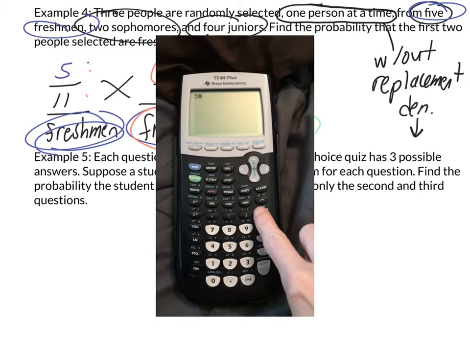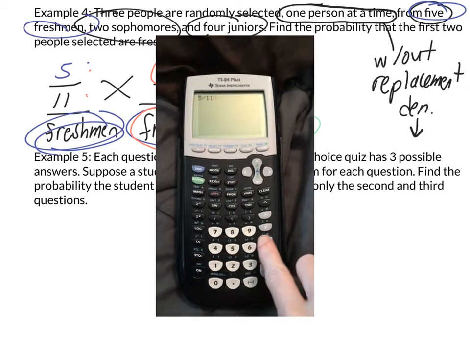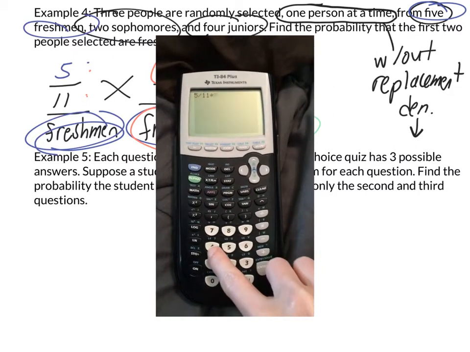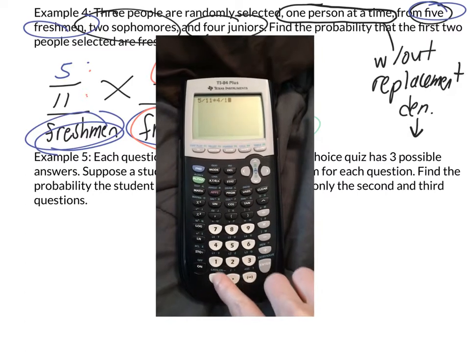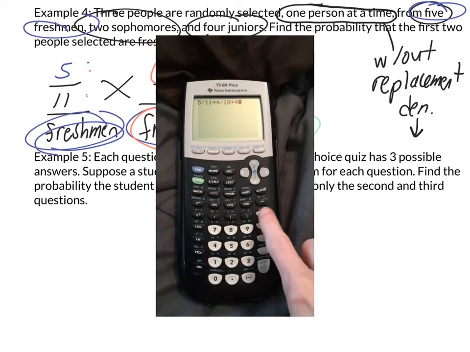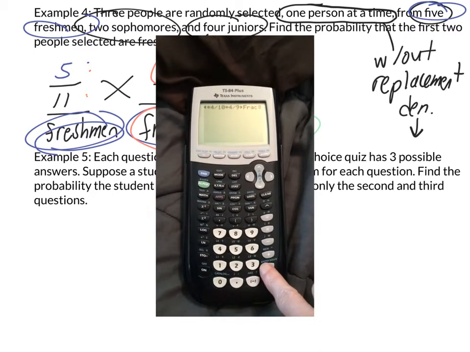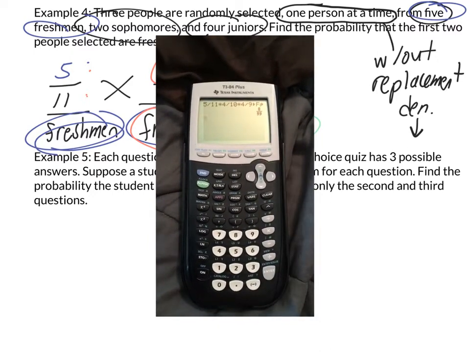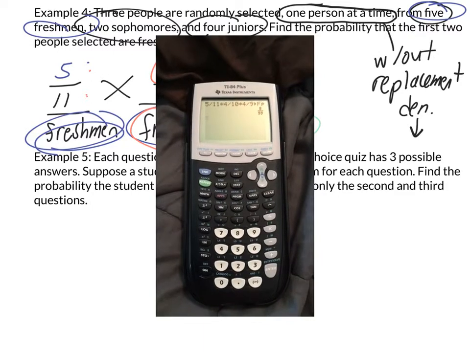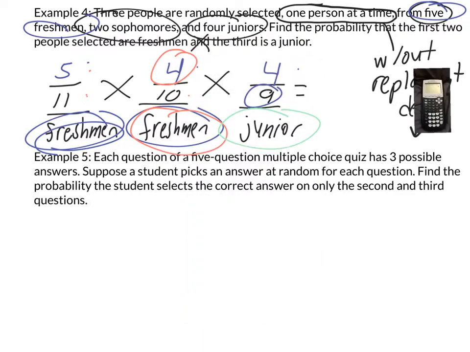So we had 5 divided by 11 times 4 divided by 10 times 4 divided by 9. Math button, frac, enter. 8/99 is the final answer. So jotting that down, 8/99.